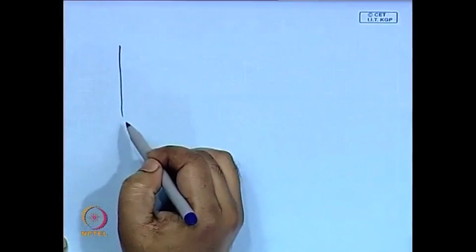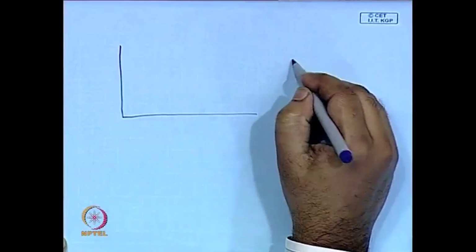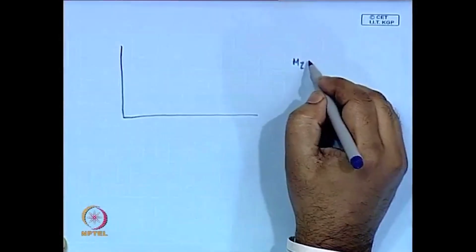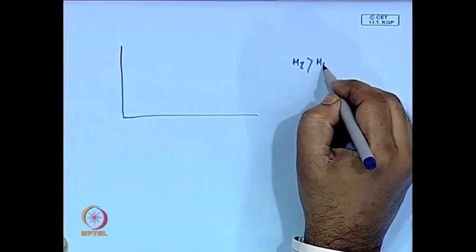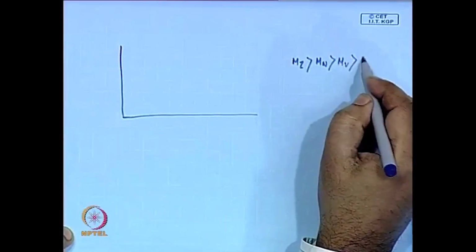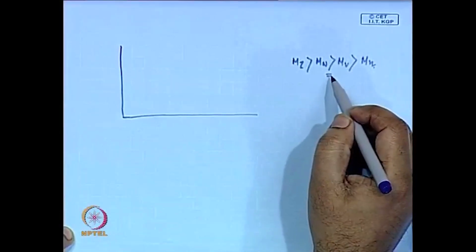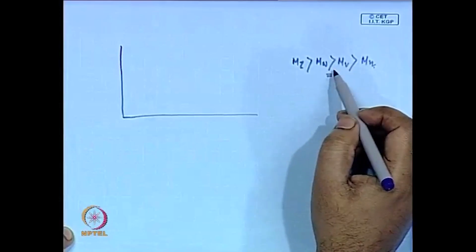So, typically what is the ranking? Mz is always higher than Mw, then Mv and Mn. Now, Mv and Mw are very close to each other.